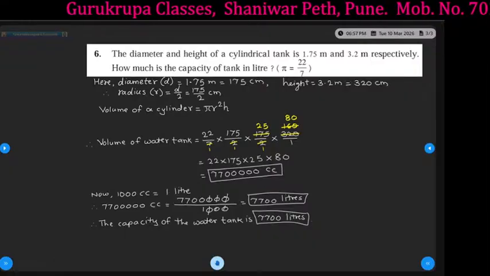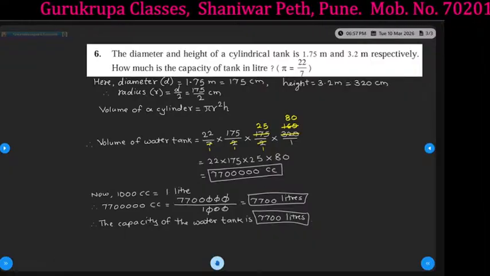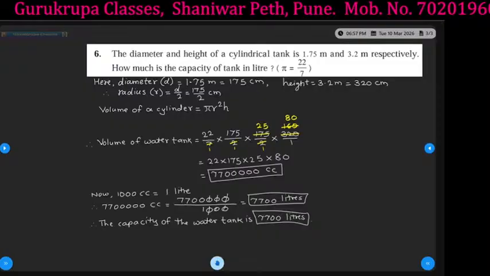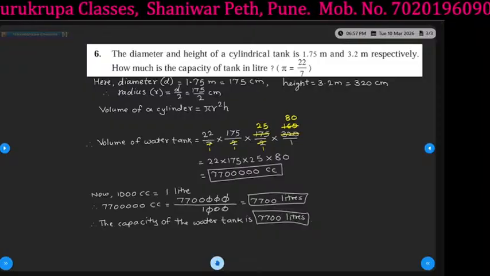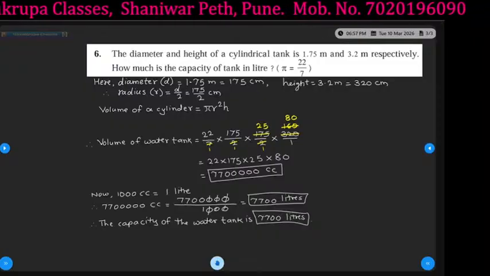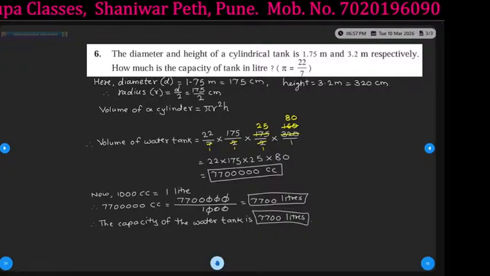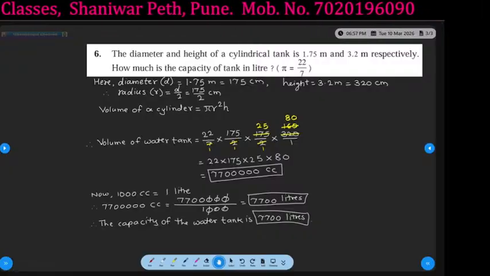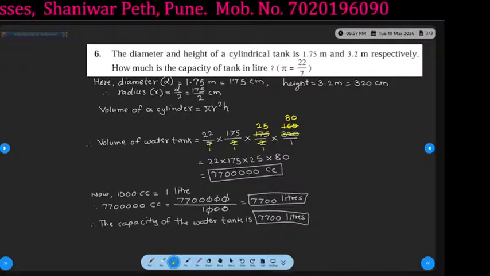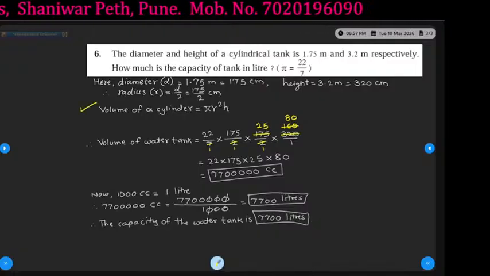Now we write the formula for the volume of the cylinder because it is a cylindrical water tank. Therefore, we use here volume of the cylinder, formula pi r square h.